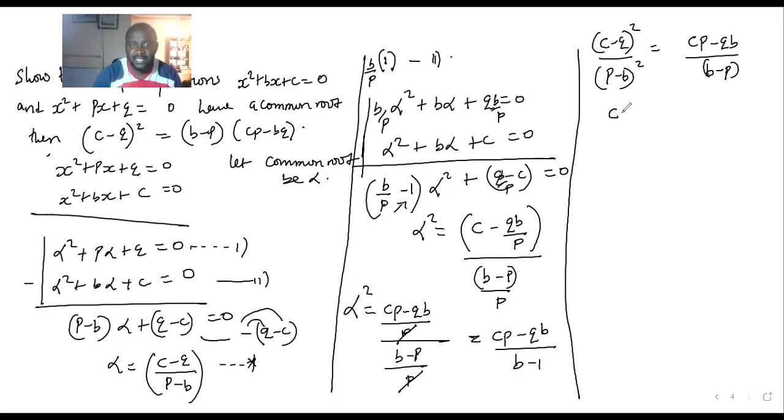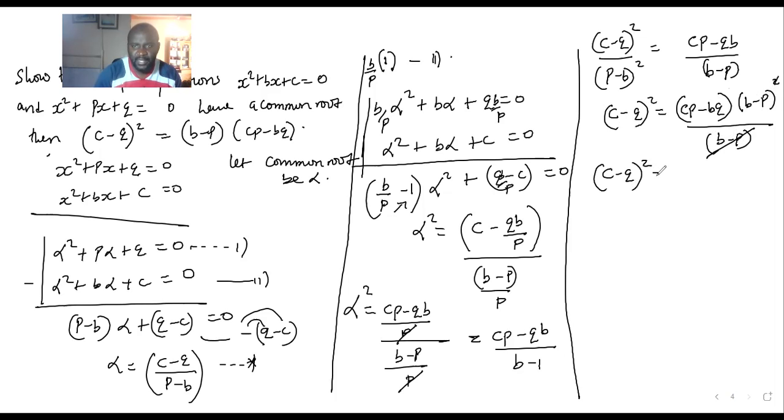So this means c minus q squared is equal to cp minus bq times b minus p squared over b minus p. We shall have c minus q squared is equal to b minus p brackets cp minus bq. Solution.